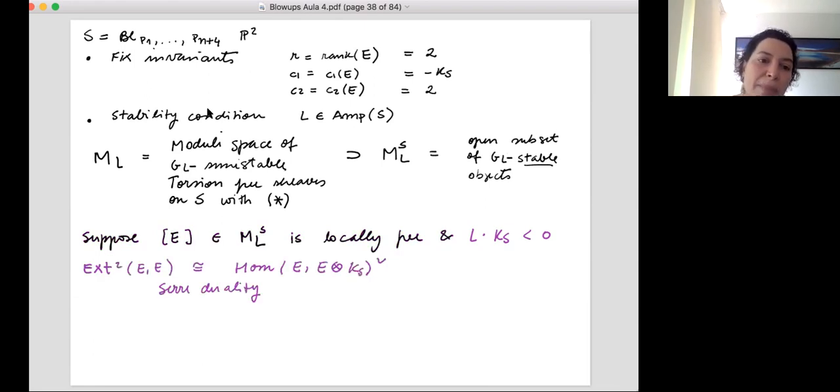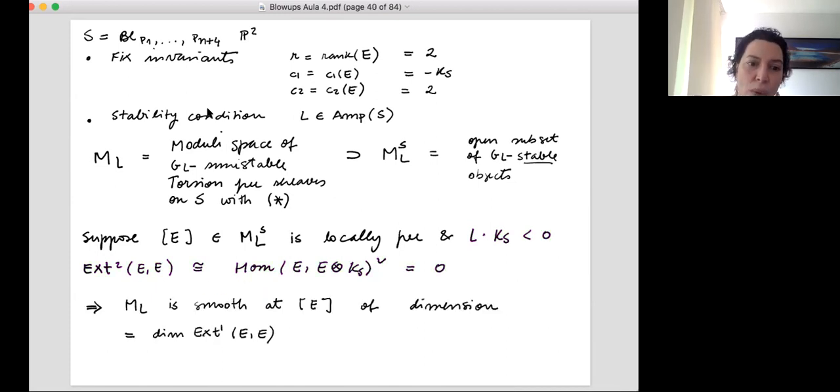And then, by Serre duality, the Ext^2(E,E) is going to be isomorphic to the dual of the Hom from E to E tensor K. And now, because the polarization is such that L intersect K is negative, the stability will imply that you have no such Hom, because if you have a map from E to E tensor K, the stability must either stay the same or decrease, but then the condition that L intersect K is negative will force that there is no homomorphism.